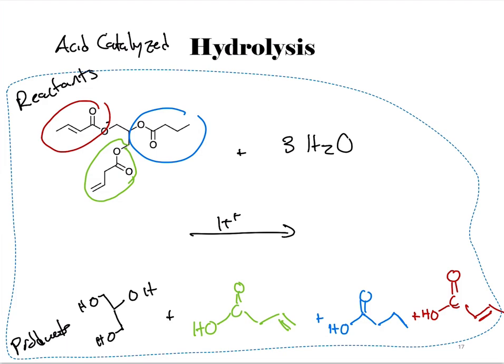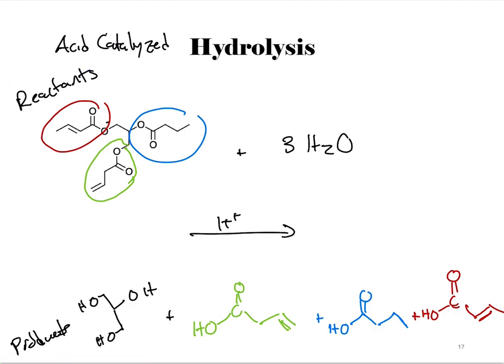I know this is a lot of writing for these molecules, right? So when we did esterification and hydrolysis before, with simple R groups, the same reaction is going on. It's just the molecules are usually a lot bigger and look a lot different. And the thing I want you guys to realize is that even if the molecule looks big and scary, it's the same fundamental idea that's going on between these two.